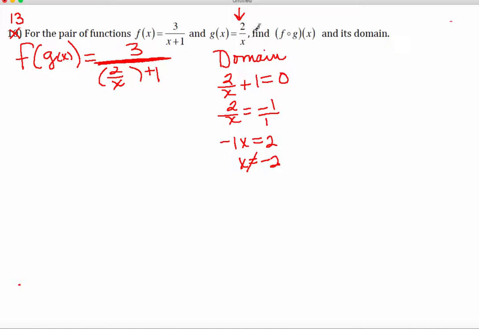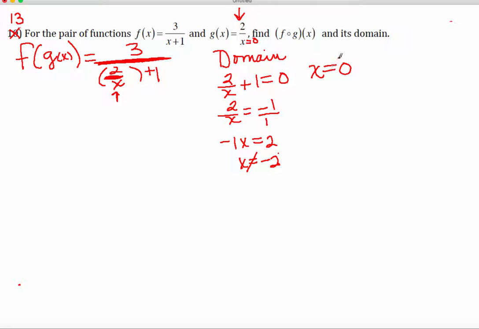But we also need to look at the inner function's domain right here. There's another fraction bar in the problem, so every time you have a fraction, you need to take that denominator and set it equal to 0. So the x that was under the fraction bar for g of x must also be set equal to 0. And guess what? It's already solved for.